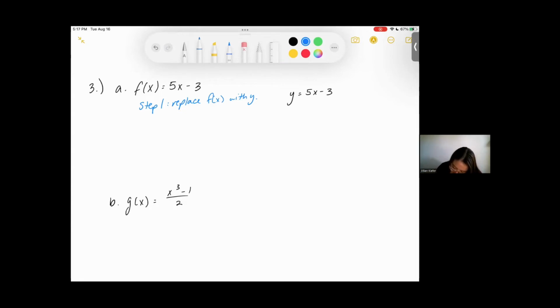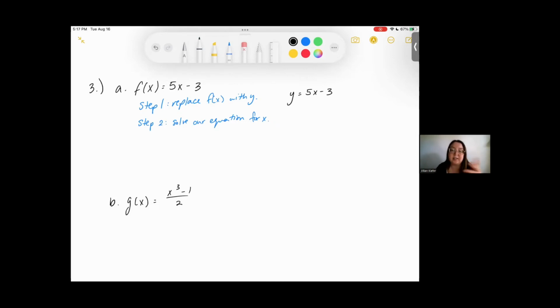Now we have step 2. We're going to solve our equation for x. So solving our equation for x means that we want to get rid of the 3, we want to get rid of the 5. Doesn't matter what we do to y, we want x by itself.